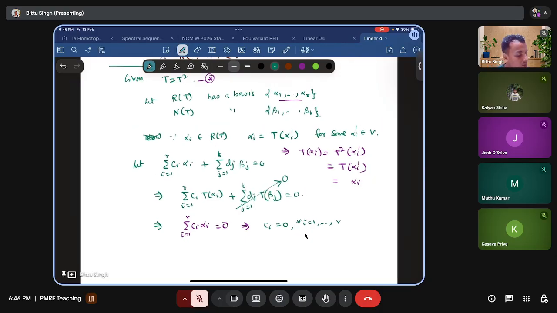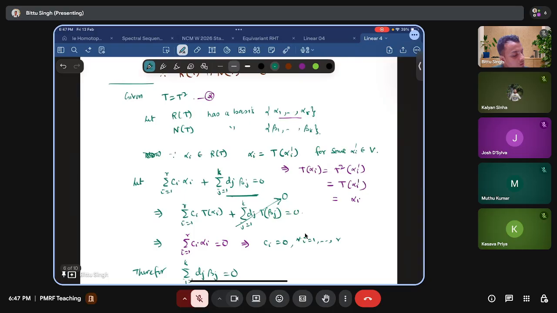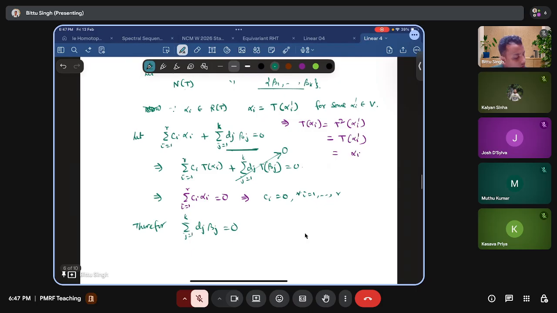Now ci are 0, therefore the second part, the sum of dj beta j, j equal to 1 to k, is also 0. We note that those beta j's are also linearly independent because they come from a basis.